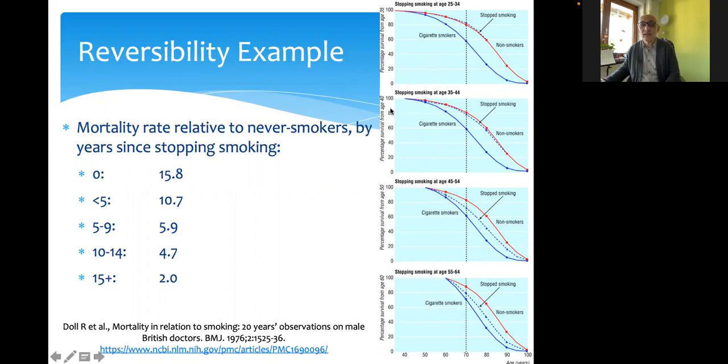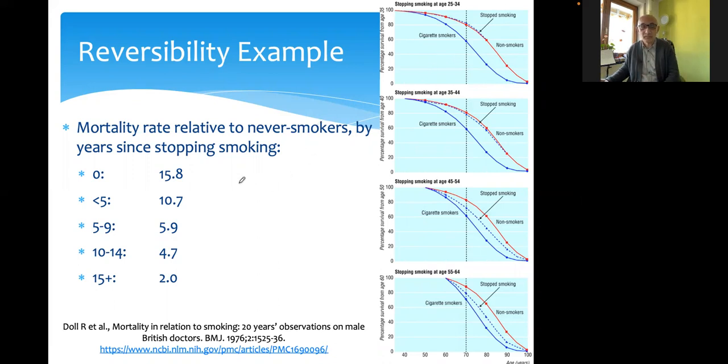Reversibility. This is a famous British study called the British Doctors Study. I suggest you follow the link to read the Doll report. It is a very nice piece of research to convince yourself or your patients about the harms or risks of smoking.